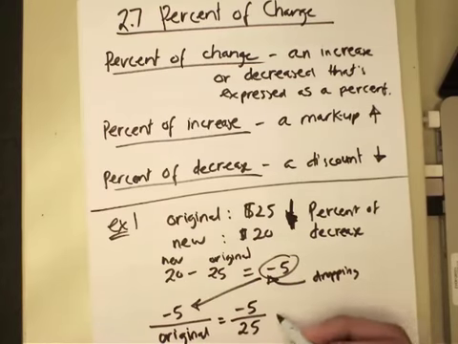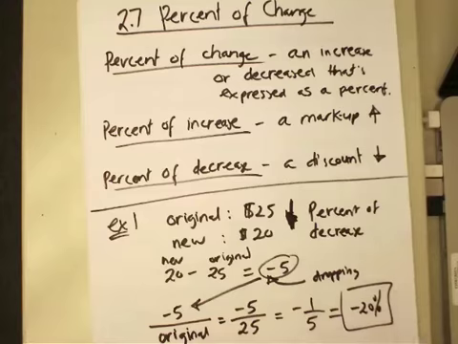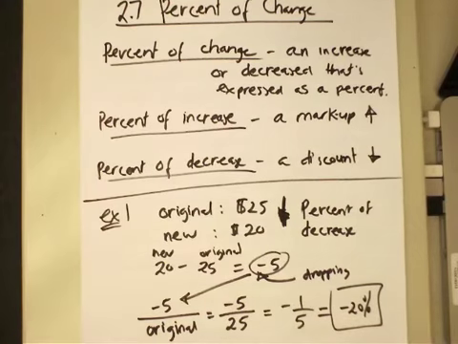Let's reduce that. That's going to be negative 1 over 5, or equivalent to negative 20%. Notice that I keep the negative because I know this is a decrease, a percent of decrease, not increase. Of course, if you get an increase, you get positive 20%. So your final answer for this one is a percent of decrease of 20%.